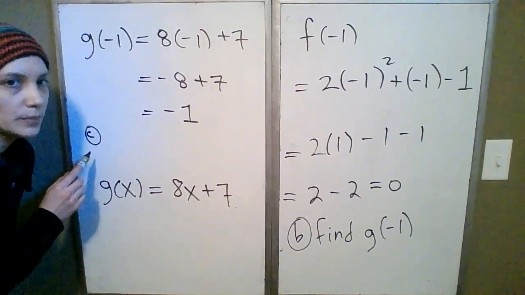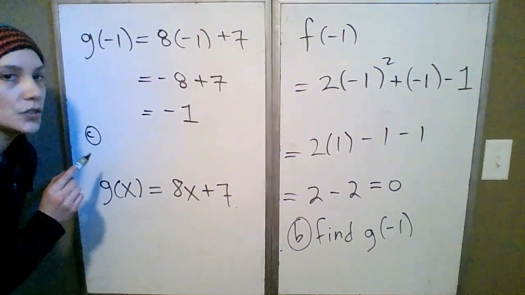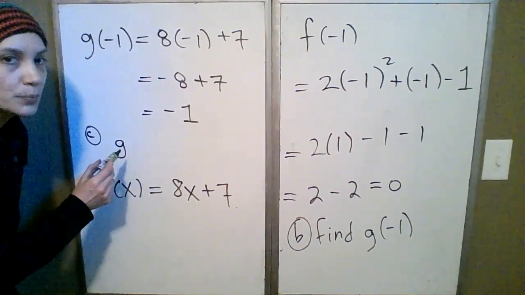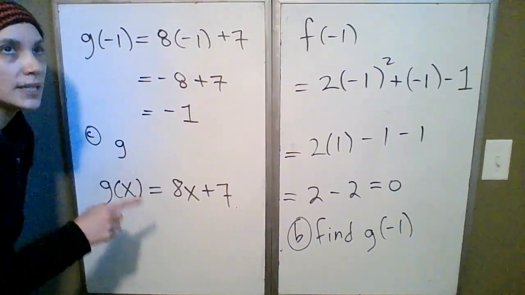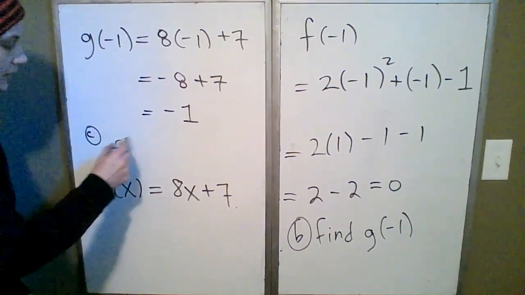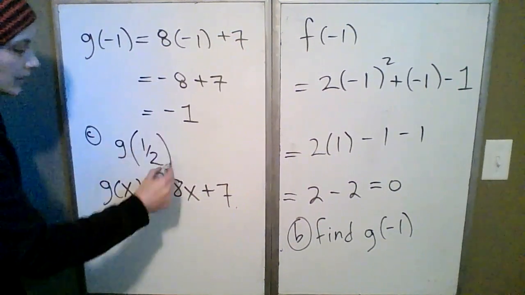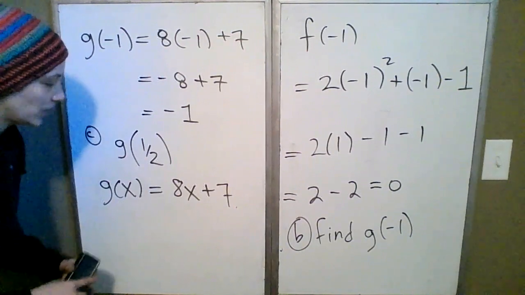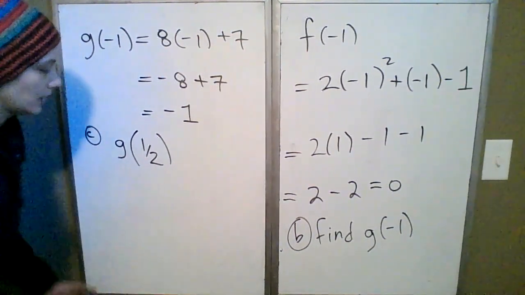One more part to this problem is to get g of 1/2. So take the function g, and through that function, we're putting an input in of 1/2, and find the output after we replace this x value with that 1/2.